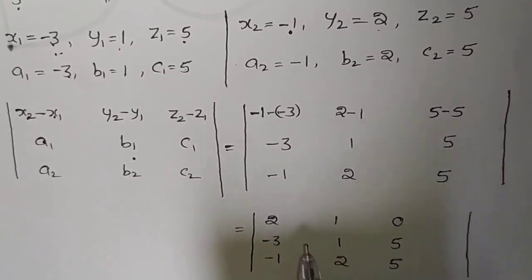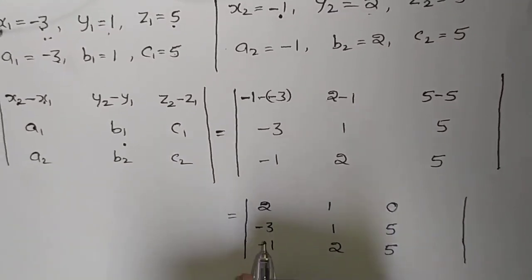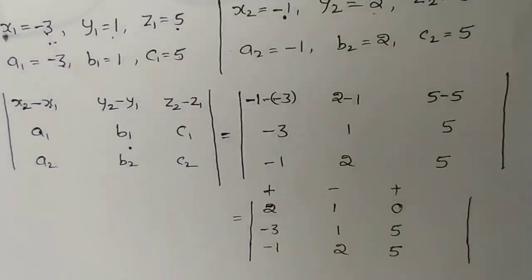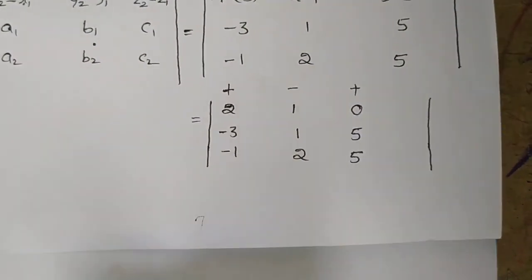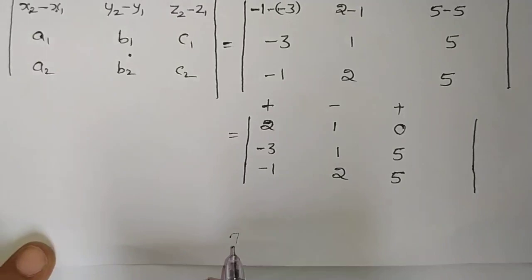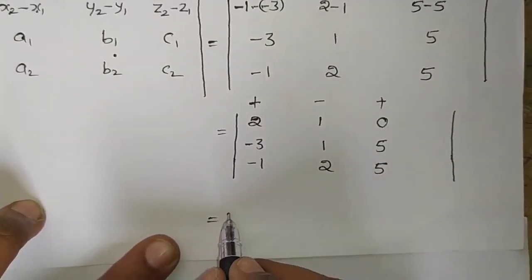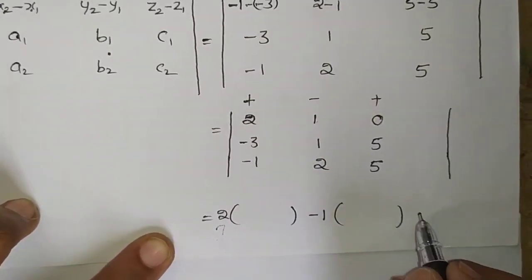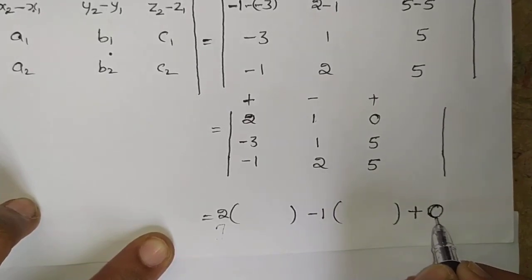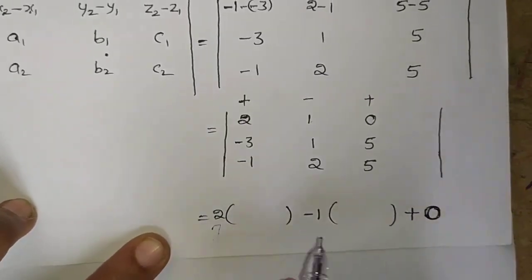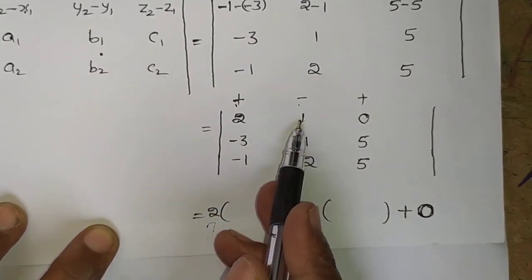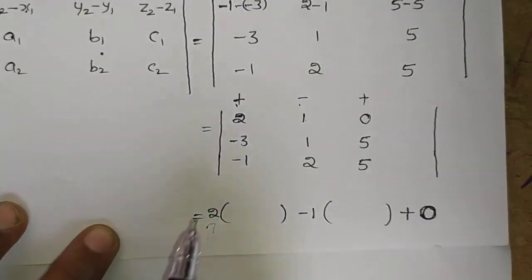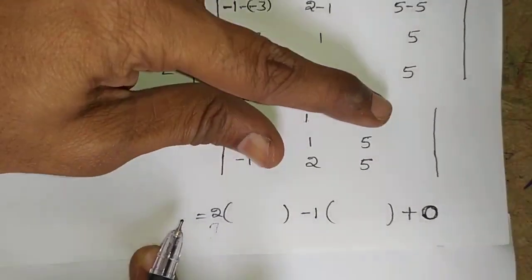Now find the determinant value. How to find the determinant? The signs are plus, minus, plus. So we get plus 3 into, then minus 1 into, then plus 0 into anything, which is 0. To find each minor, delete the corresponding row and corresponding column.